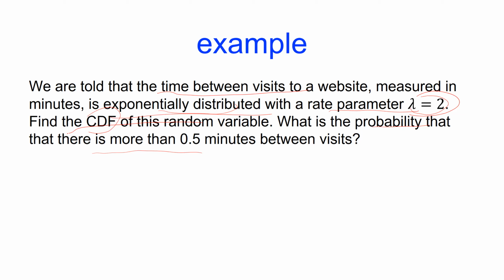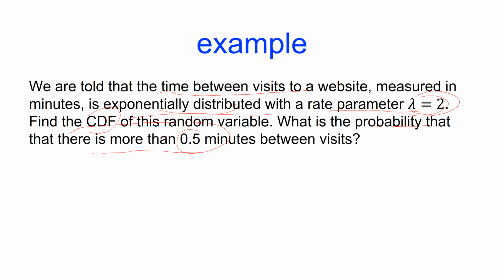After you have the CDF, I give you a point, let's say 0.5 minutes. That is the probability for anything smaller than 0.5. So your CDF at 0.5 measures events with value less than 0.5.